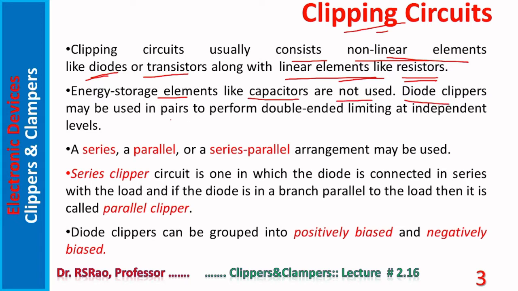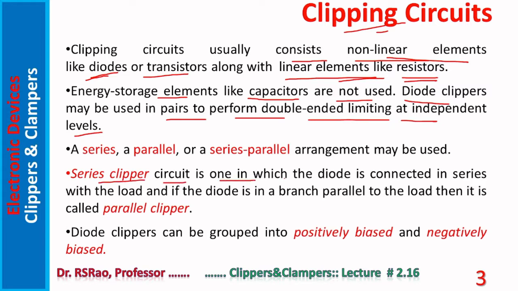Diode clippers may be used in pairs to perform double-ended limiting at independent levels. A series parallel arrangement may be used. If series arrangement is used, it is a series clipper. If parallel arrangement is used, then it is a parallel clipper.